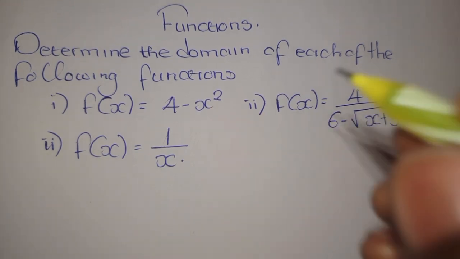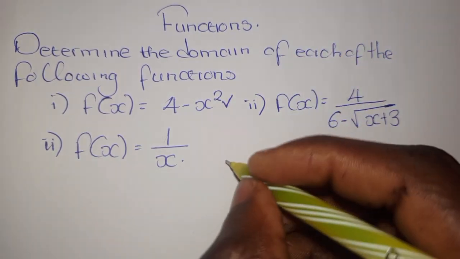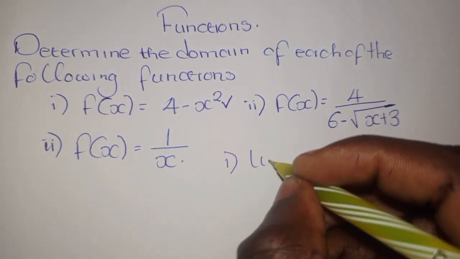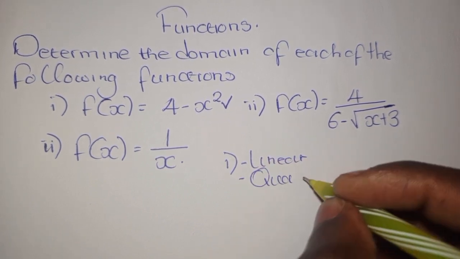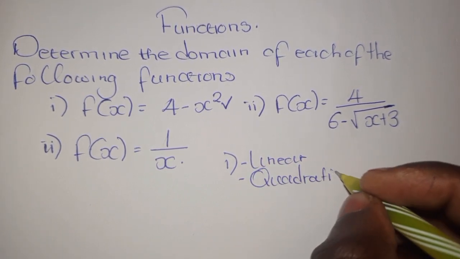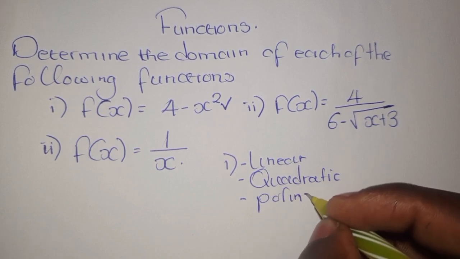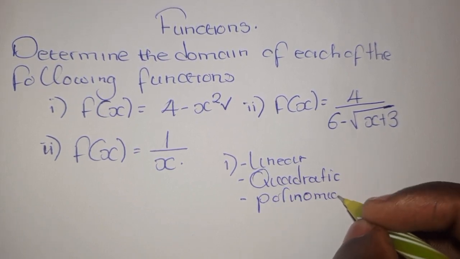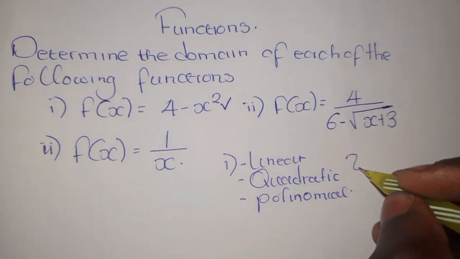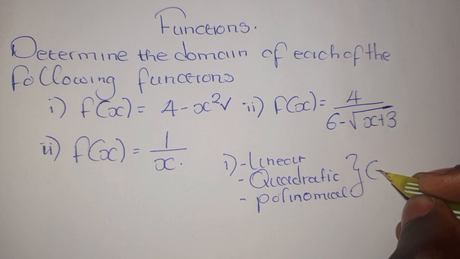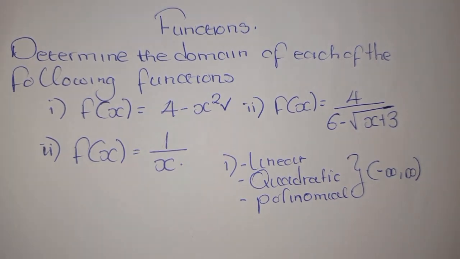We should understand that for every linear, or quadratic, or polynomial, they have the same domain of negative infinity to positive infinity.